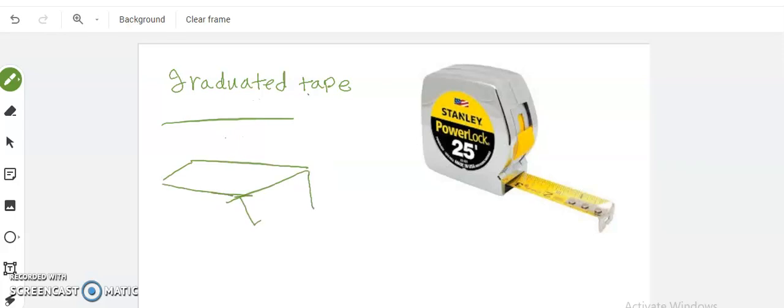So the bigger the length, the bigger the need for a larger tool for measuring these lengths in the easiest way.